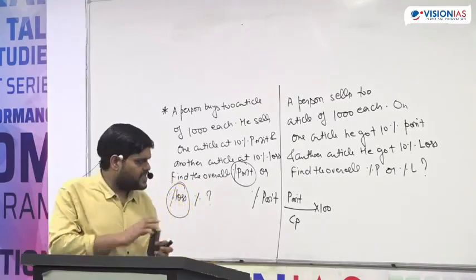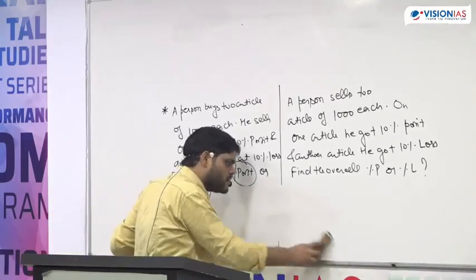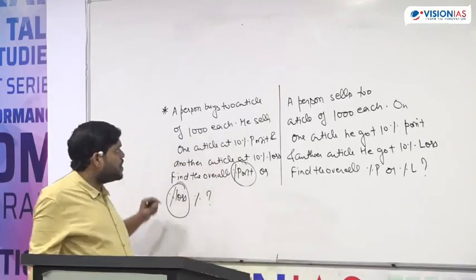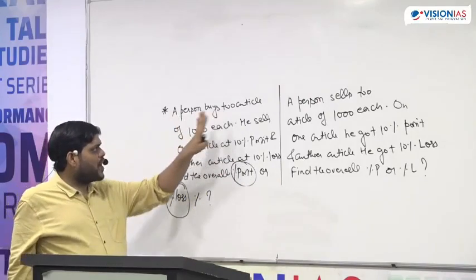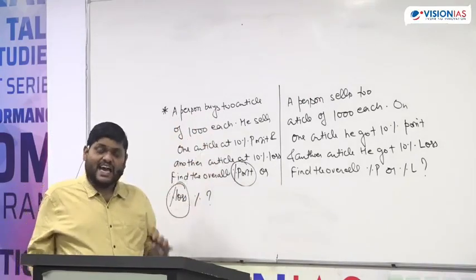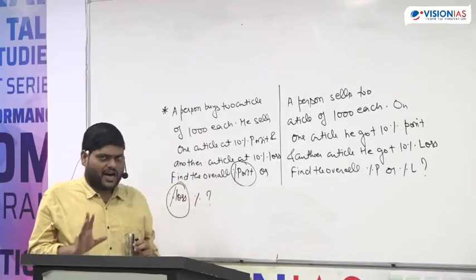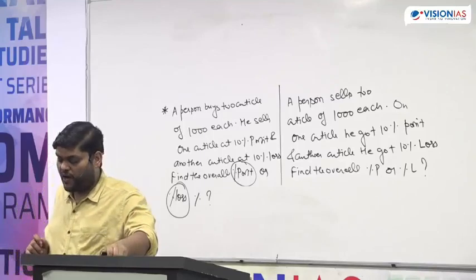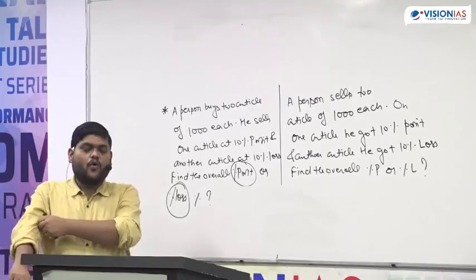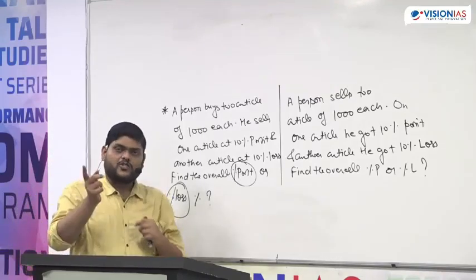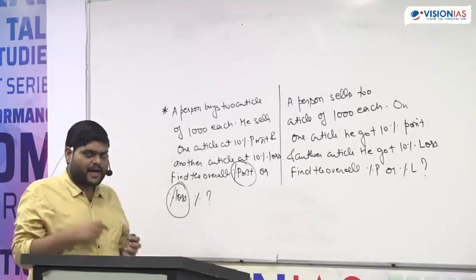So try to understand here. A person buys 2 articles of 1,000 each. He is buying 2 articles of 1,000 each. Are you getting my point or not? You have to only identify what is given, whether cost price is given or selling price is given.